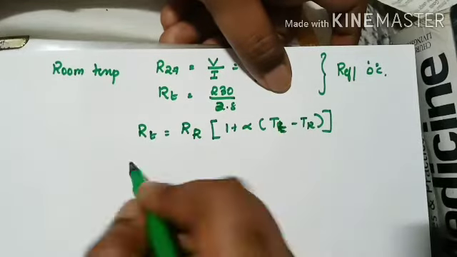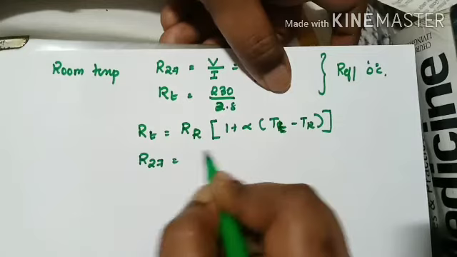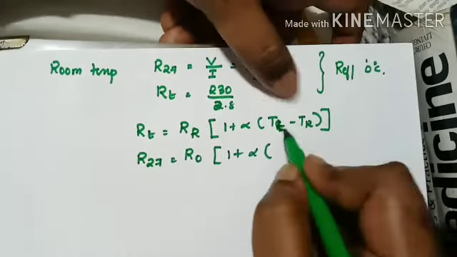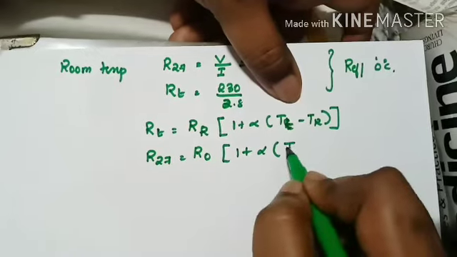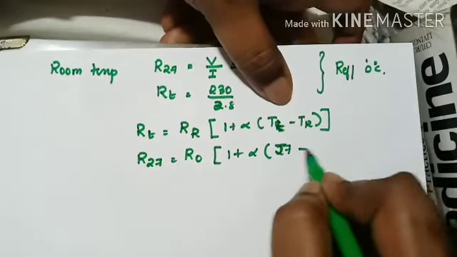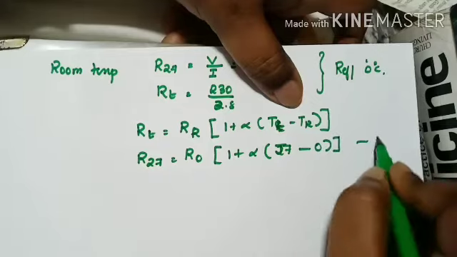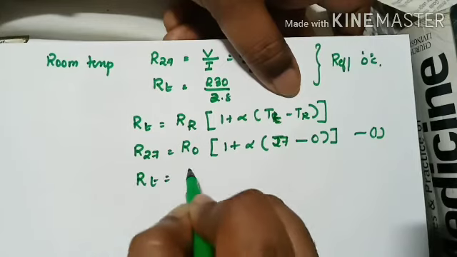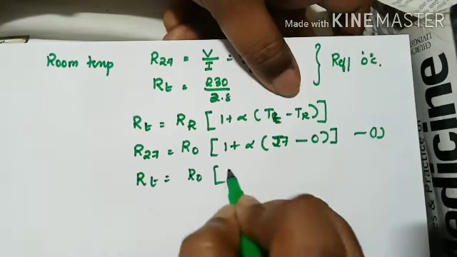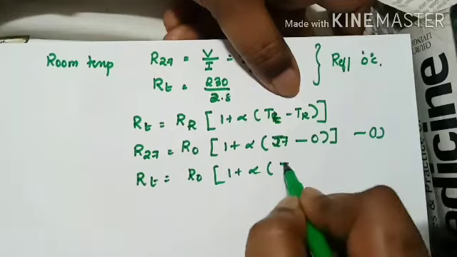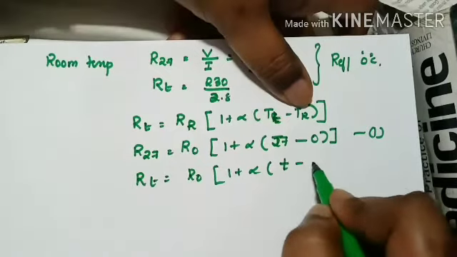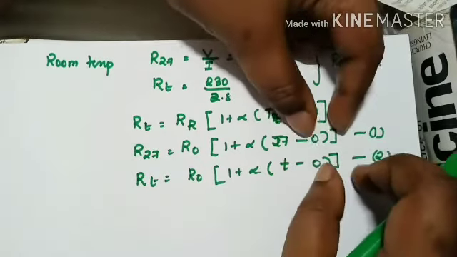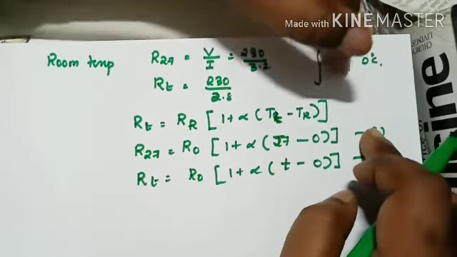Now I am going to make two equations. Resistance at 27 degrees Celsius, reference is 0 degrees Celsius: R27 equals R naught into 1 plus alpha into 27. I'm making this as equation 1. Now resistance at T: R_T equals R naught into 1 plus alpha into T, minus 0 as the reference temperature. This is the second equation.